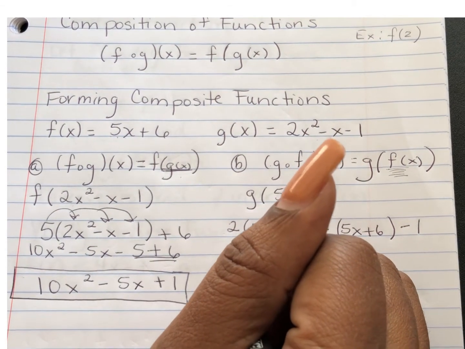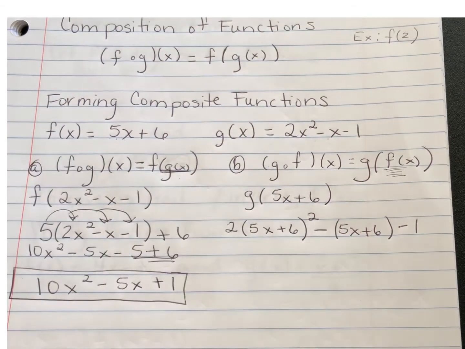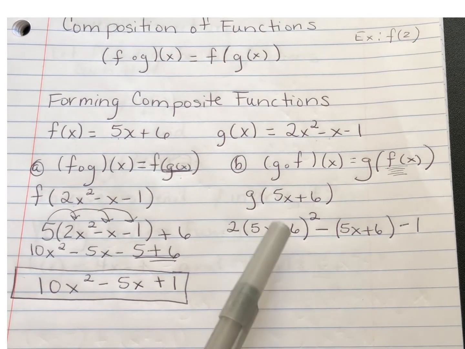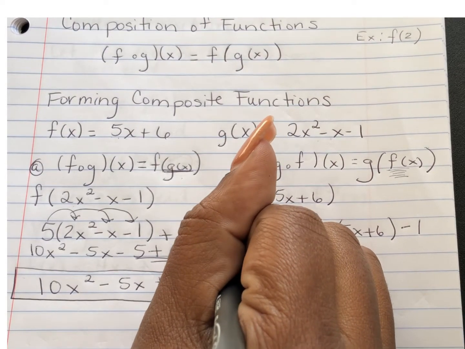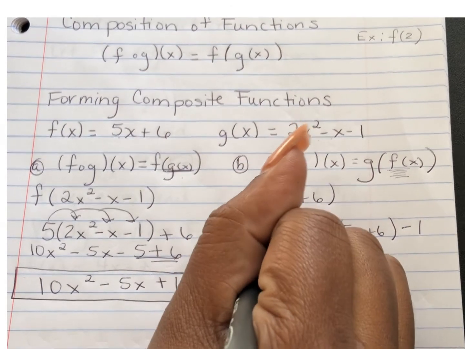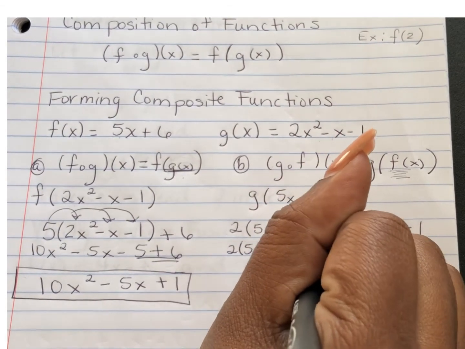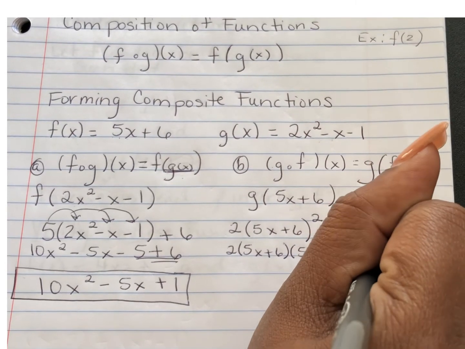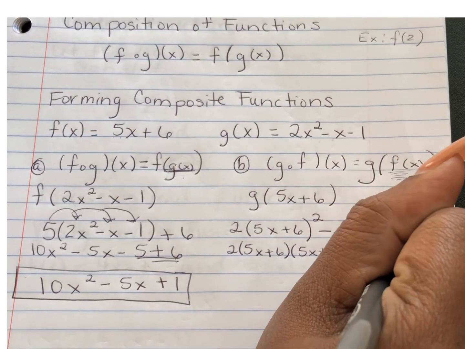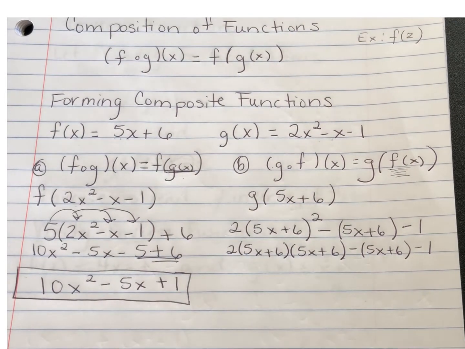Remember the order of operations: Please Excuse My Dear Aunt Sally. Exponents are first. So we're going to do 2 times 5x plus 6 times 5x plus 6, minus 5x plus 6, minus 1. Since it's squared, that means we do it twice.